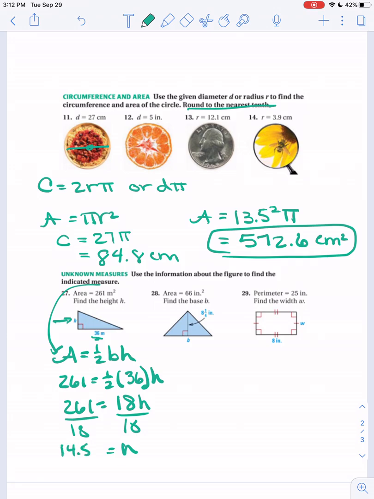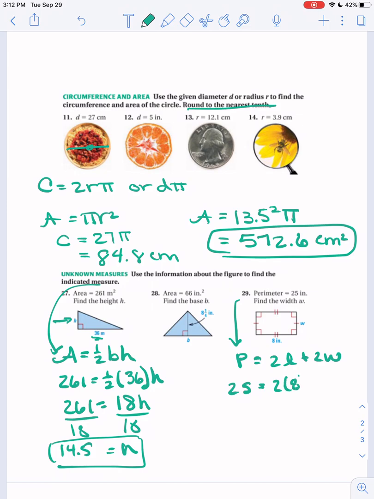All right. And let's do one where the perimeter is given. We're given the perimeter of the rectangle is 29. Perimeter is 2 times the length plus 2 times the width. We're given that its perimeter is 29. We're given that the length is 8, so 2 times 8.